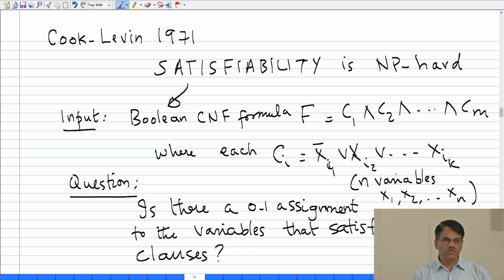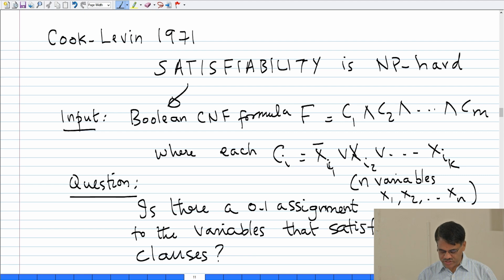Now we are moving into a different domain, Boolean formulas. We have a formula which is an AND of a bunch of clauses. AND is a conjunction of various clauses. What is a clause? It is an OR of some variables or their negations.